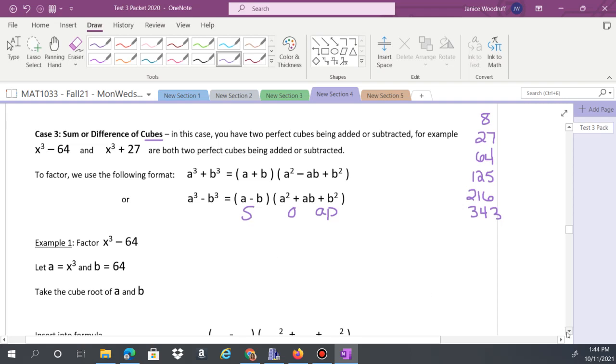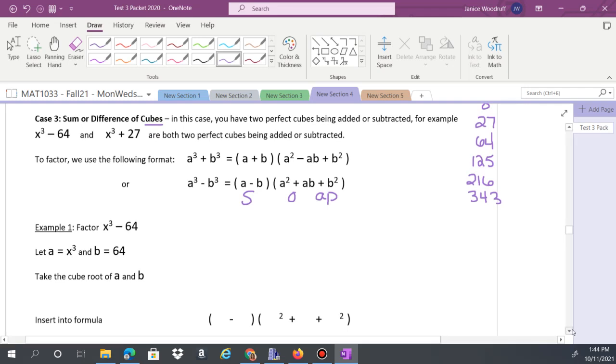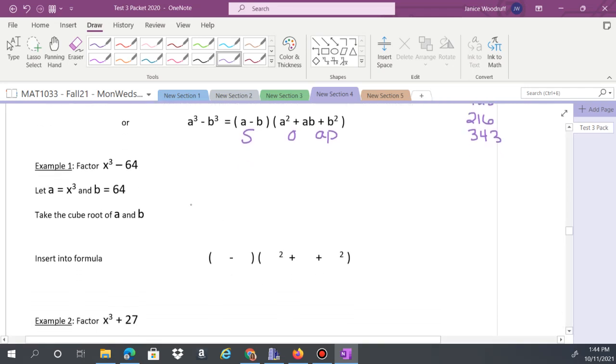So for example, we have x cubed minus 64. Okay, so find the cube root of a and b. So a would be x cubed, b would be 64. For a, you would find the cube root of x cubed, which is just x.